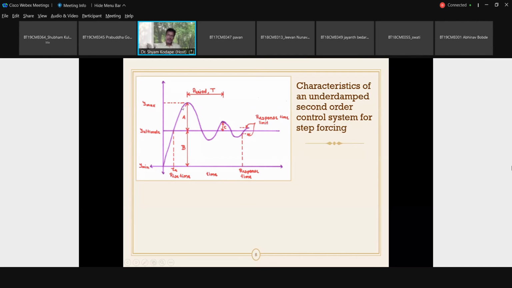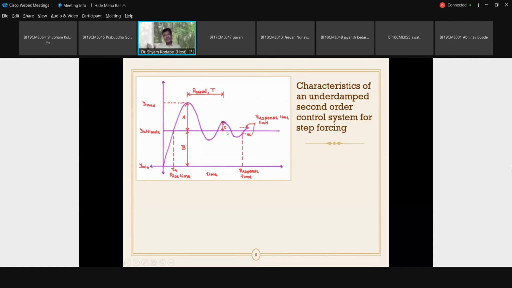It will go further. It will reach the peak, represented as y max, and further again it will come to the ultimate value, but again it will not rest over here. It will go down further, and again it will go in this fashion in an oscillatory manner. We call it oscillations with decreasing amplitude, and further it will reach its ultimate value.